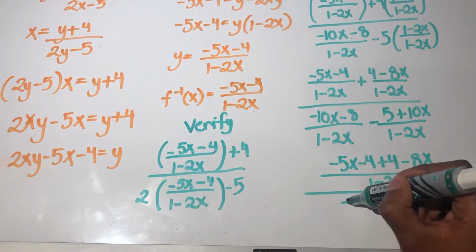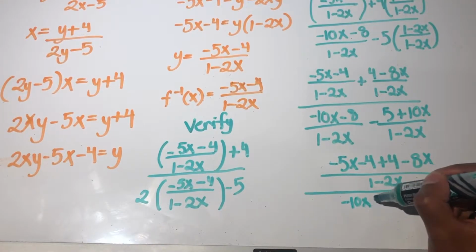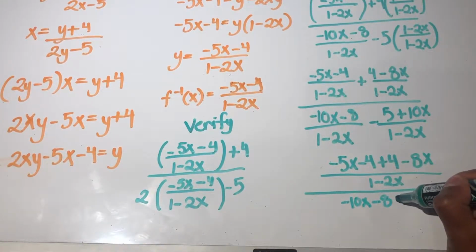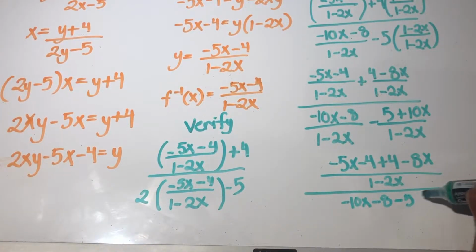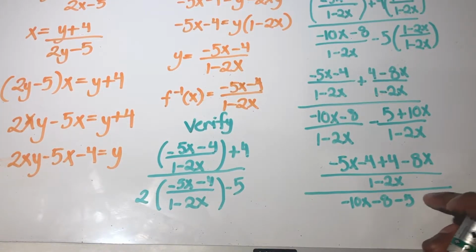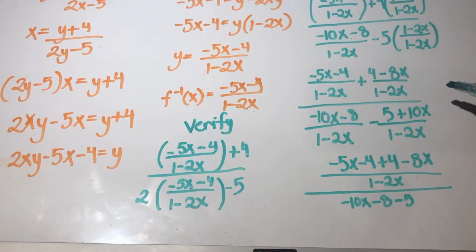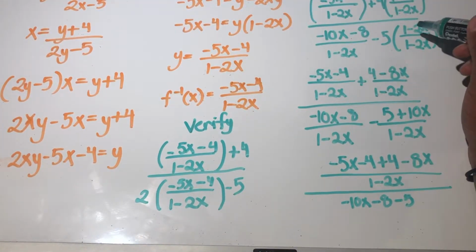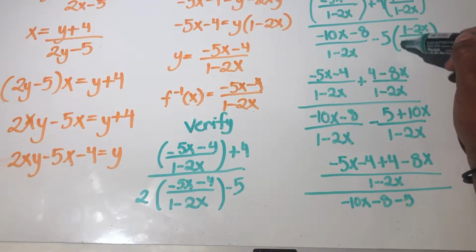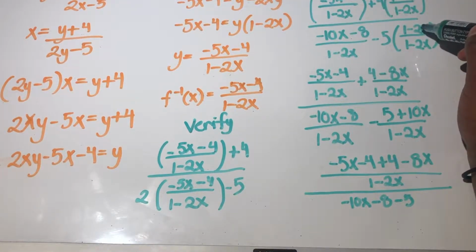So we're going to end up with negative 10x minus 8 minus 5 plus 10x. Oh, excuse me. Sorry, it's supposed to be, so minus 5 times 1 minus 2x.